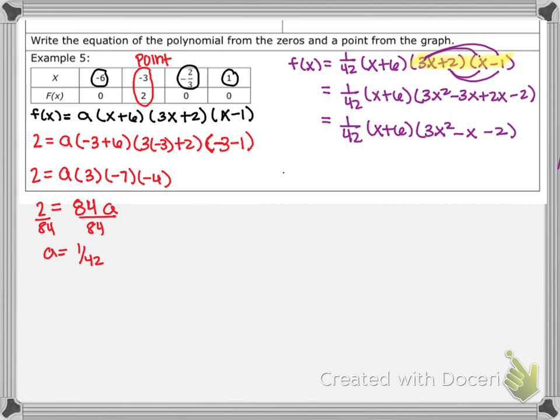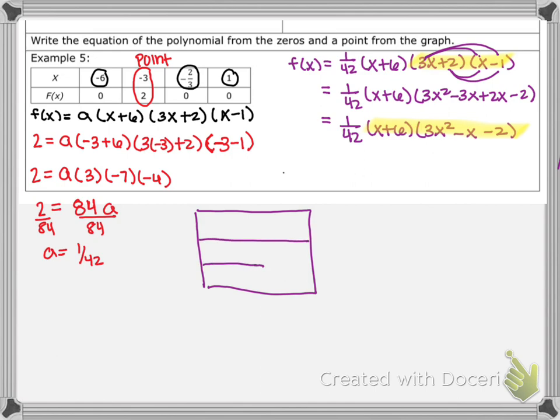Now I'm going to multiply these, and again, I'm going to use the box method. So I'll come down here and use a box. Usually I use the box when we have longer, like trinomials times a trinomial or trinomial times a binomial.